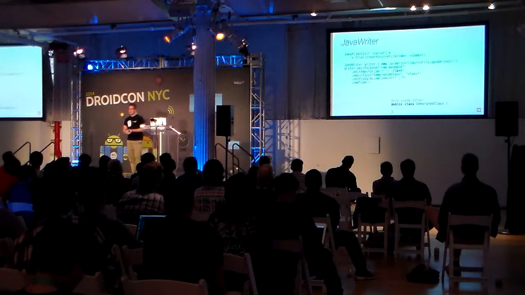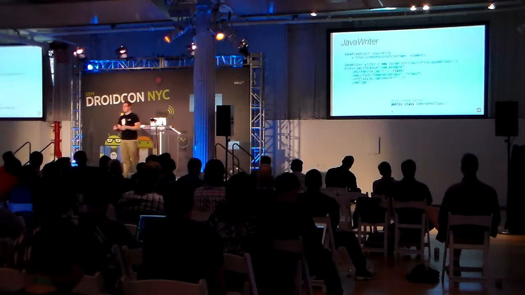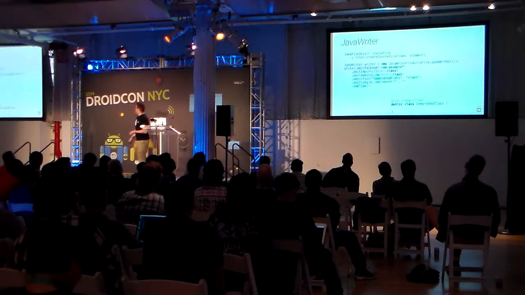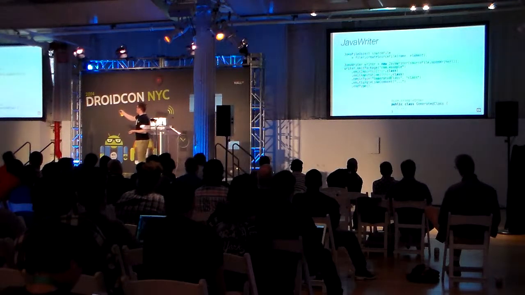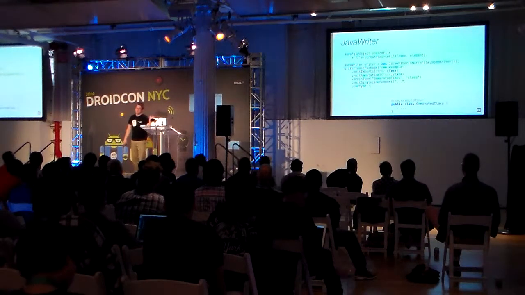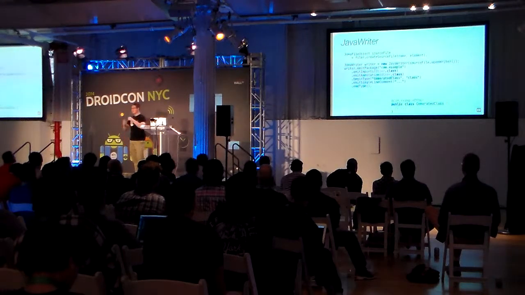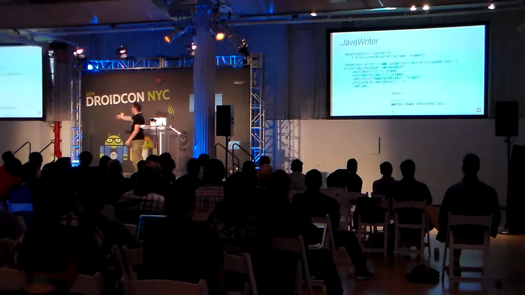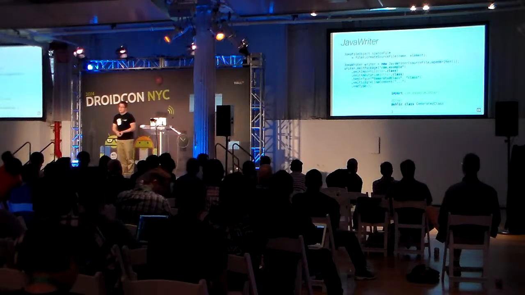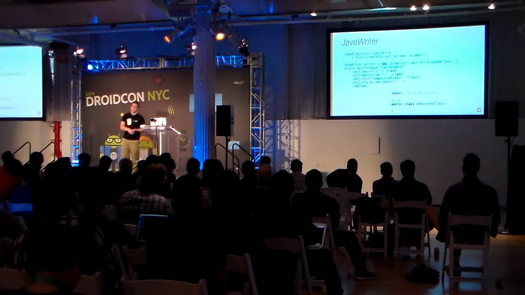But the cool thing, and one of the great reasons to use Java Writer, is that it can be a little bit smarter about things like imports. So if I modify the code above, and I toss in an import for the other class, when it reaches the emit annotation, it's going to see that an import was emitted for that fully qualified type, and that means that it can omit referencing the fully qualified annotation in your source file.